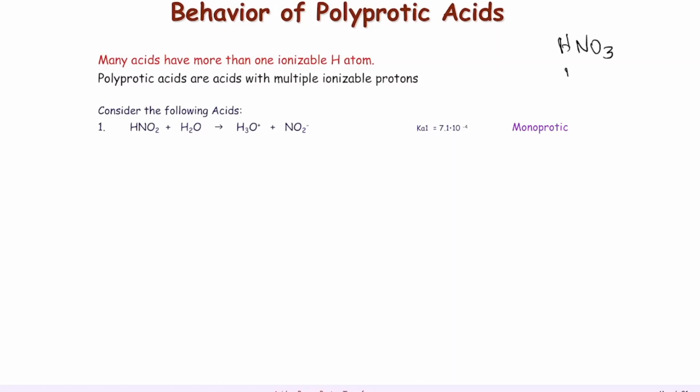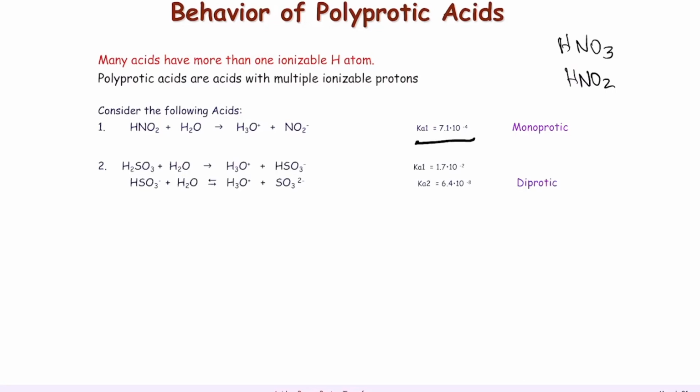Nitrous acid is HNO2. That's a weak acid. If you put nitrous acid in water, it's going to dissociate, and the degree of dissociation depends on the Ka of that acid, which happens to be 7.1 times 10 to the minus 4. It's monoprotic. In other words, it can deliver one hydrogen at a time.